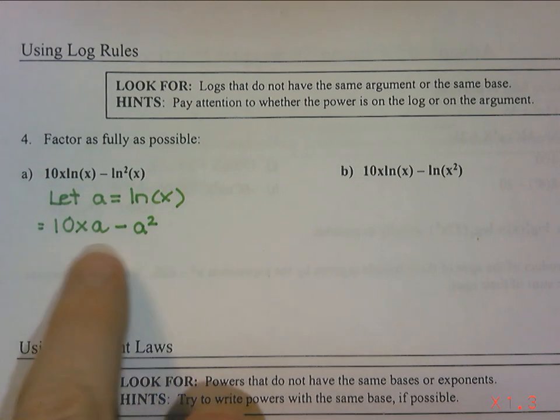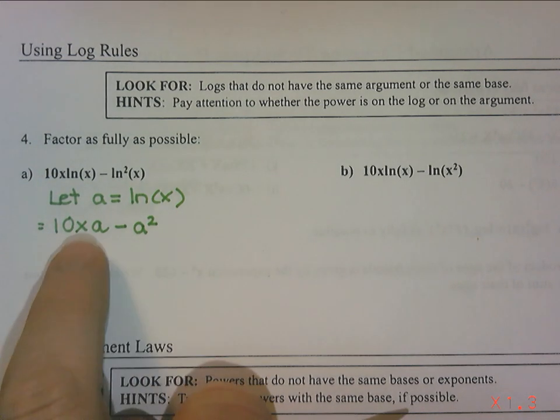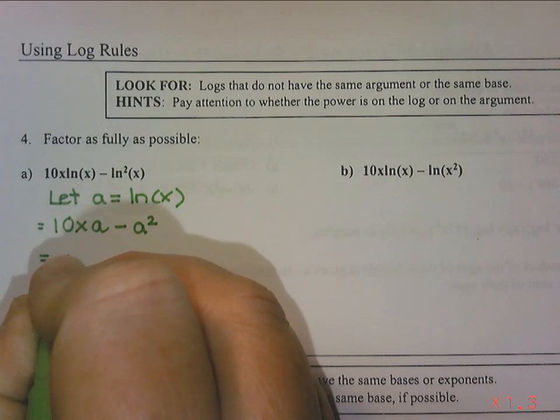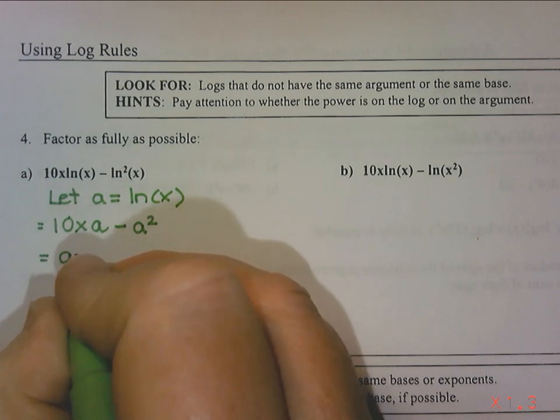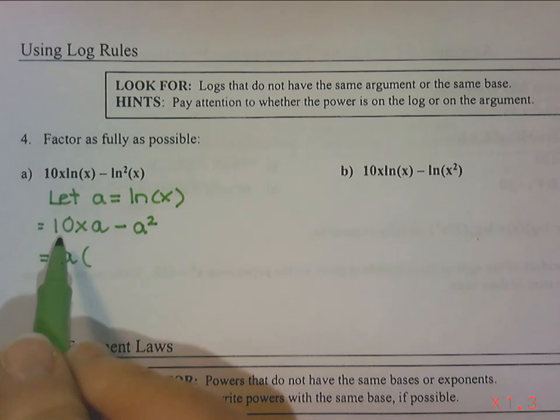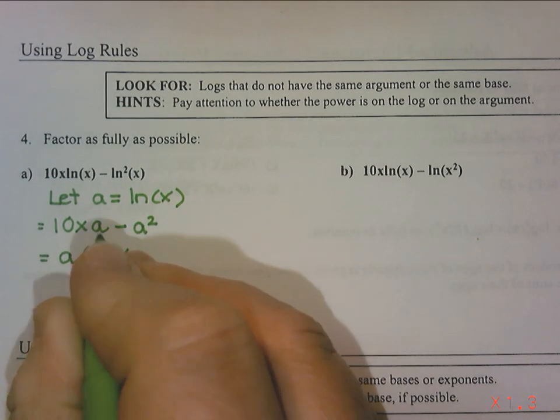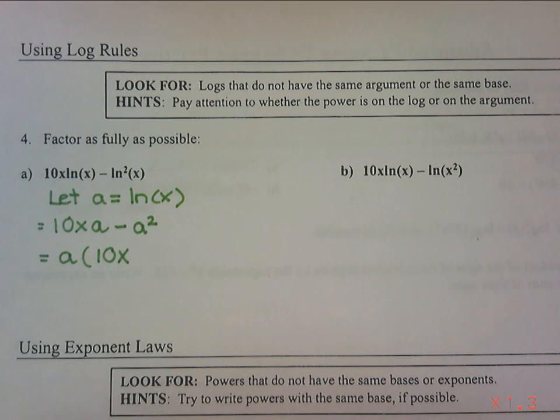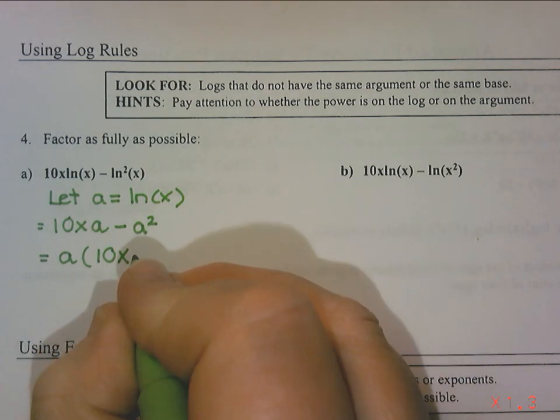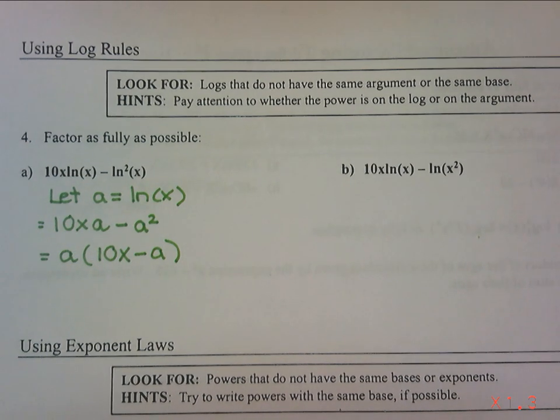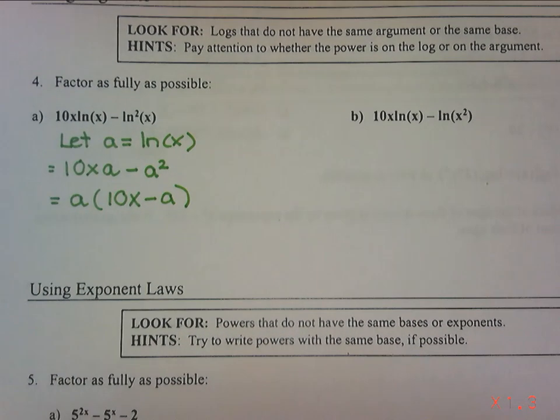Taking a look at this, I do have two terms, and they have a common factor. They both have an a, so I can factor out the a, and I would be left with 10x from the first part, since 10xa divided by a is 10x, and a squared divided by a is a. So I'm going to get a times 10x minus a.